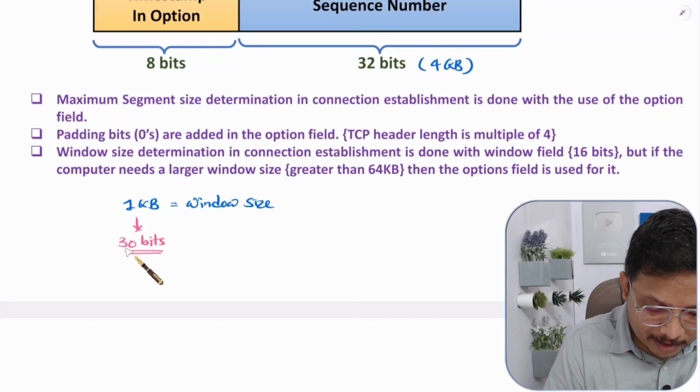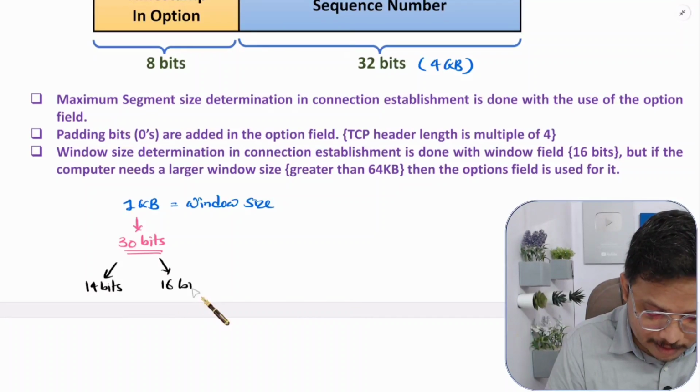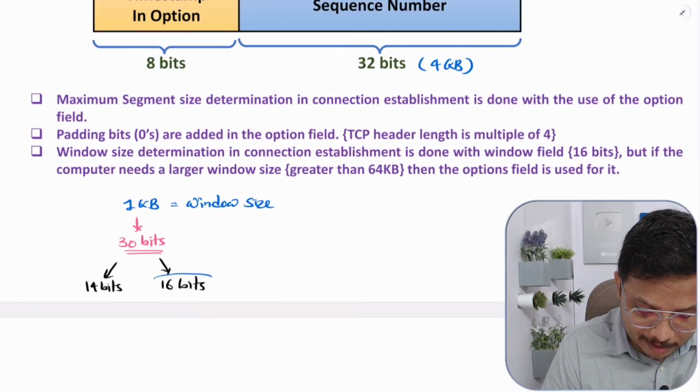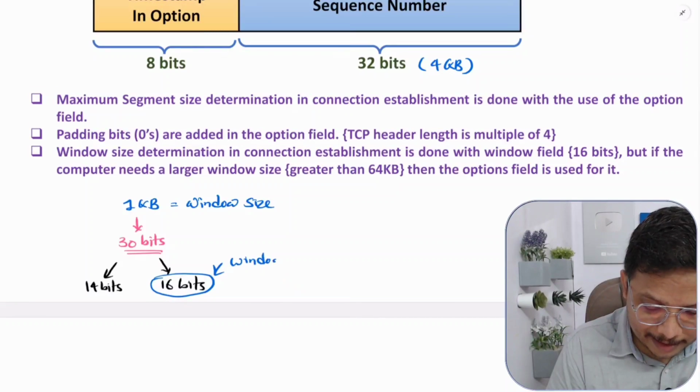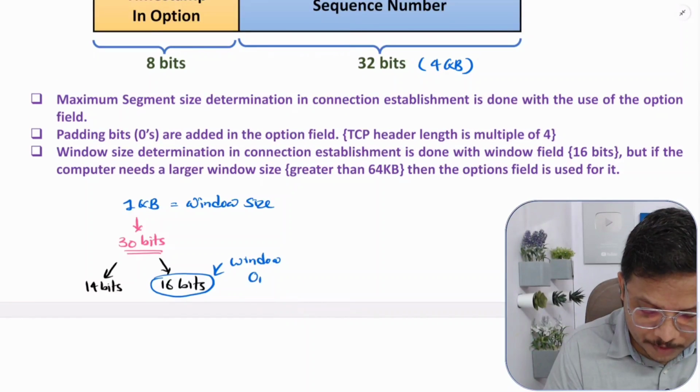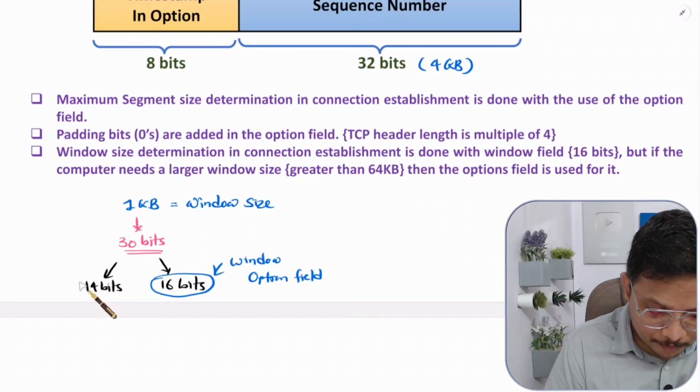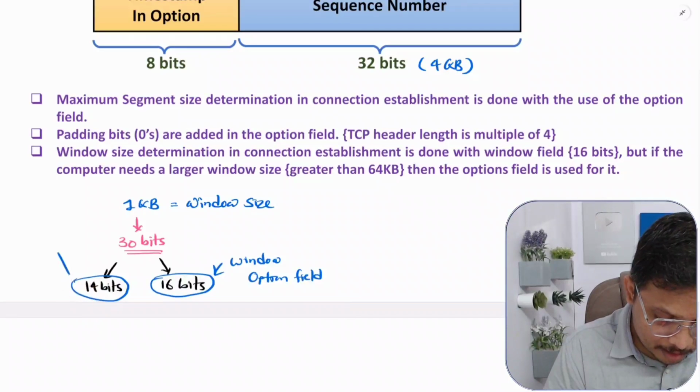Now this 30 bits we split into 14 bits and 16 bits. This 16 bits we will have in the window field, and this 14 bits we will have in the option field.